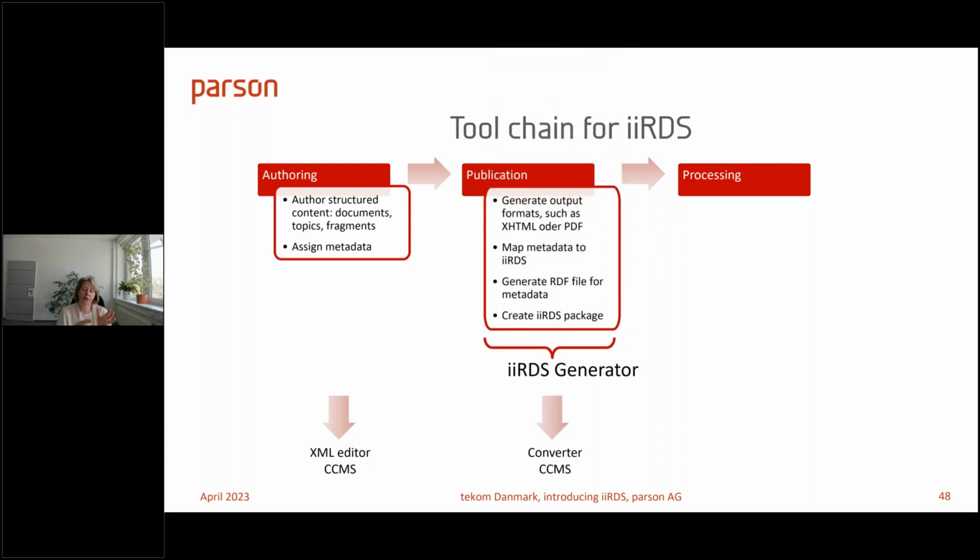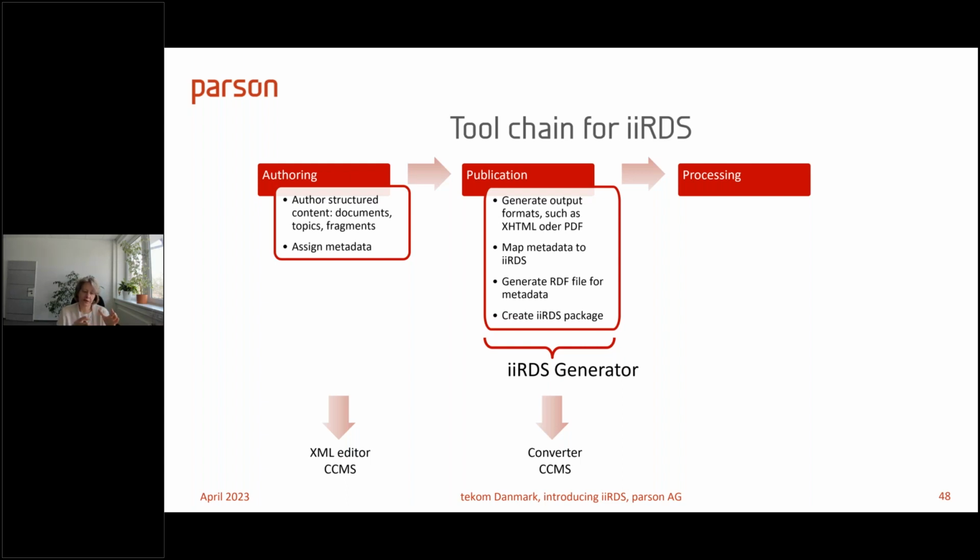Then from this content, you need to generate iiRDS, and the actor in this is the iiRDS generator. The iiRDS generator can be a script, a function of your CCMS, or a converter like Plazmita, which is a software tool.